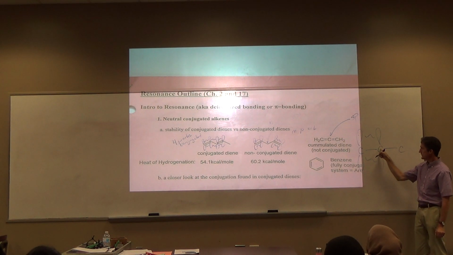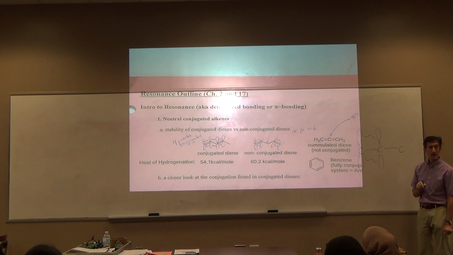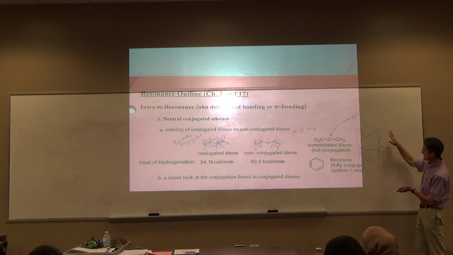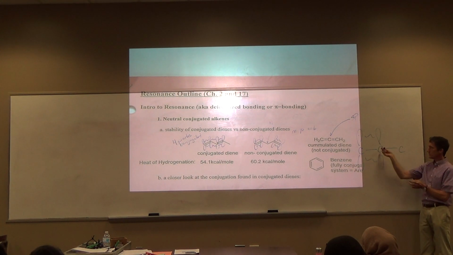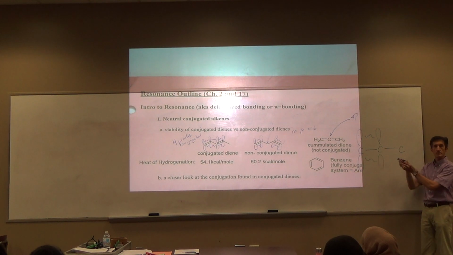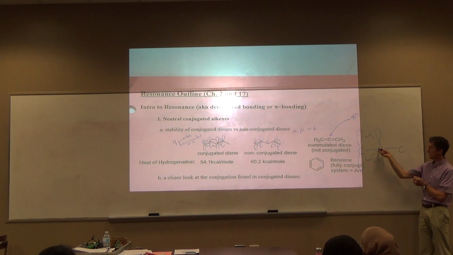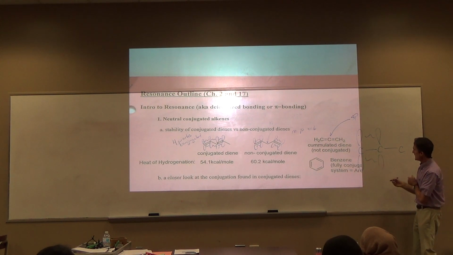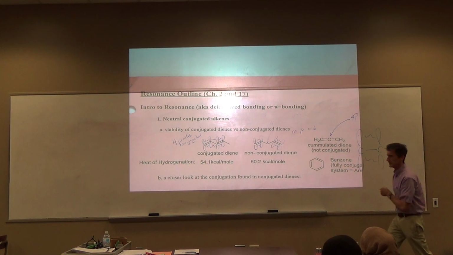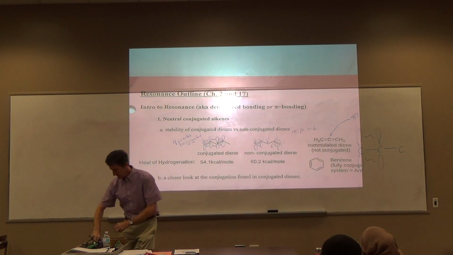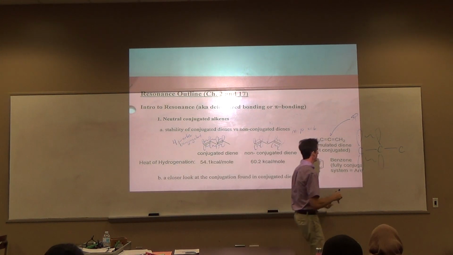How's the second p orbital compared to the first one? How's it positioned? It's perpendicular. So if that's flat on the board, the next p orbital is coming out towards you and going back, half this way, half the other way. Now, it's hard to draw that, so I may not draw it.